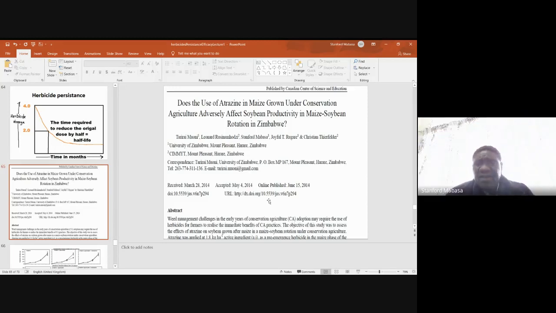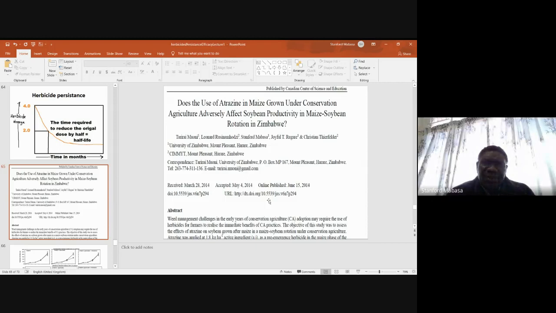There was a study on the persistence of atrazine under conservation agriculture. In this case, the researchers wanted to find out whether atrazine could persist in conservation agriculture.